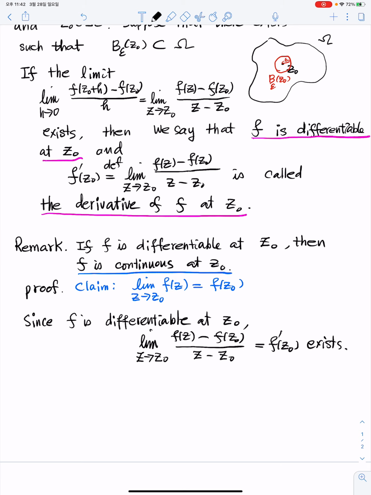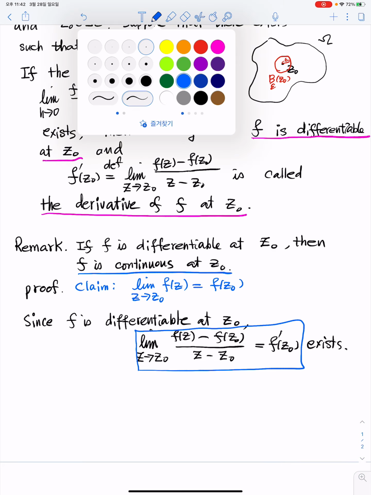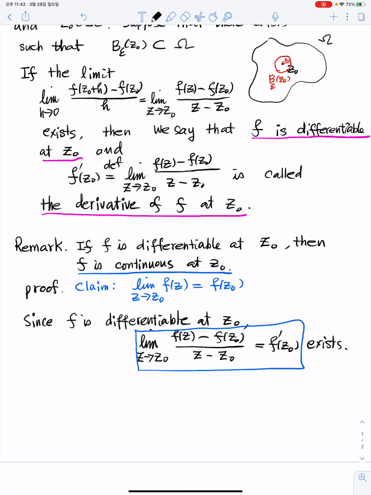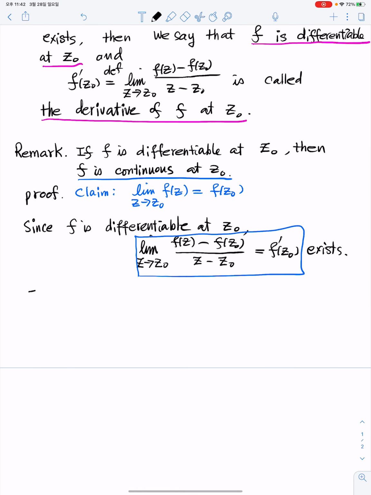So the key to prove this theorem is you have to derive the claim from this one. Okay, from here, how do I derive this one? It is easy. So it is clear that first you need to use this one. It is clear that the limit z approaches z0 of z minus z0 becomes 0, right?